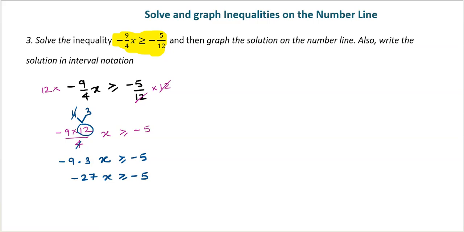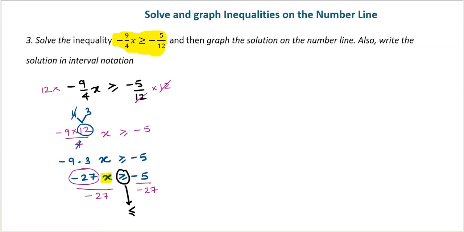Now, what are you looking for? You are looking for the value of x. So, it means you don't need the coefficient minus 27 with x. So, divide by minus 27 on both sides. Now, do you remember when you divide by a negative number, what you do to the inequality? Yes, you change it.